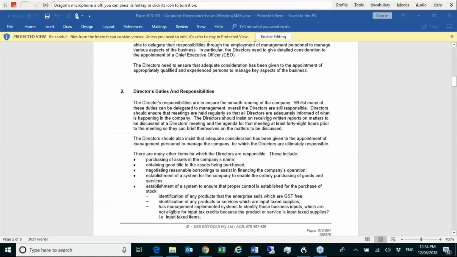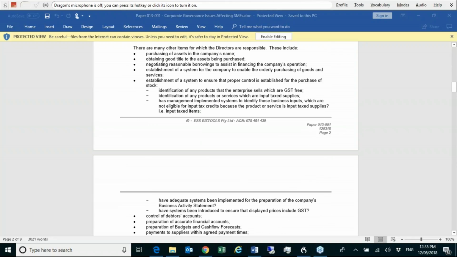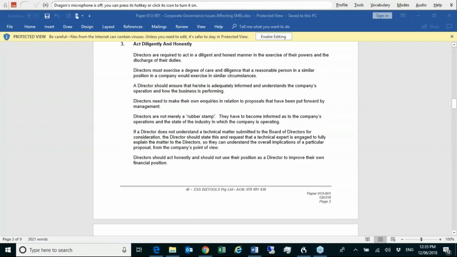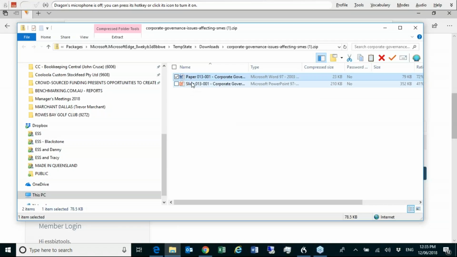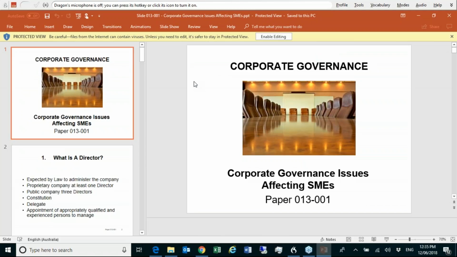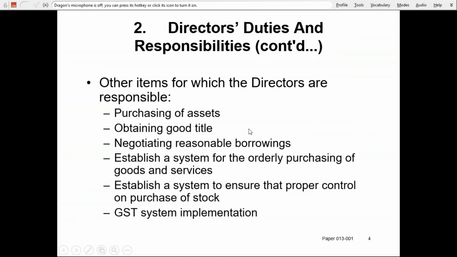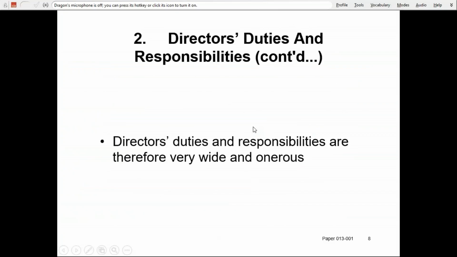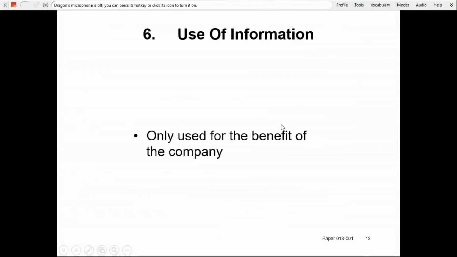You can badge this paper as yours with your name and contact details on it, and it's able to be sent to your clients or prospects. You can charge for papers if you wish. There's no additional fee payable to ESS BizTools, and there's PowerPoint slides for each of those papers, which you can utilize.